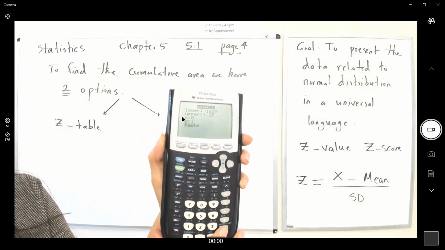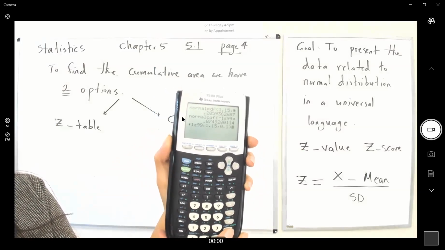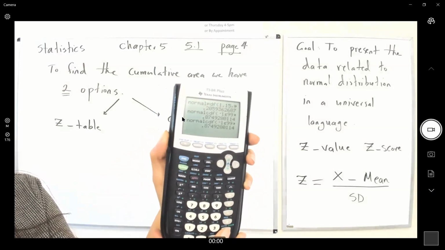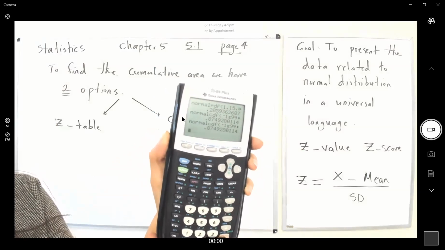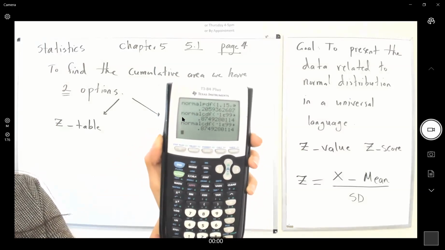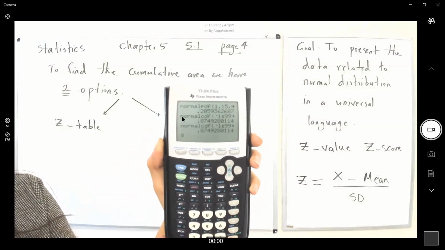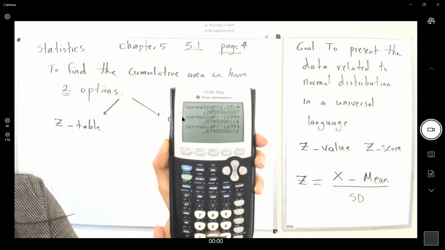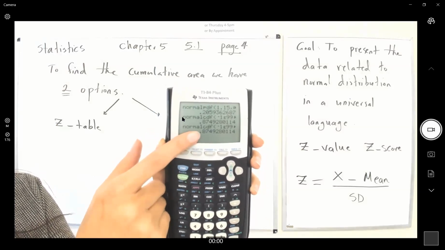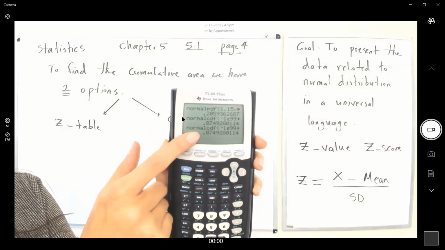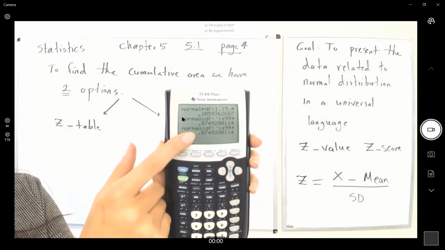Enter, enter, enter. As you can see, we get the exact same number using the table and the calculator. So the probability on the left-hand side is going to be 87%.